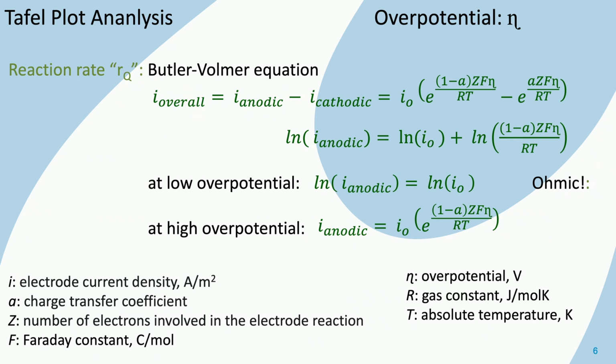Focusing now on the anodic current only, we can approximate the current into a low overpotential part and a high overpotential part. At low overpotential, the behavior can thus be approximated by a kind of ohmic behavior. But at higher overpotential, we have to take the exponential part into account.